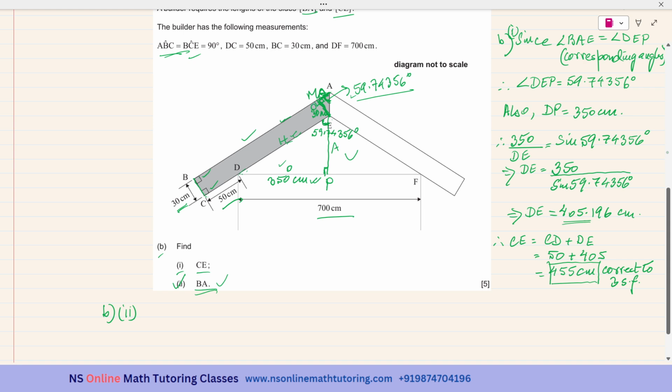And AE is the hypotenuse. Okay. So we know the opposite side length and we need the adjacent side length. Therefore, the ratio that we will be using is tan. So tan of 59.74356 degrees should be equal to 30 over EM.